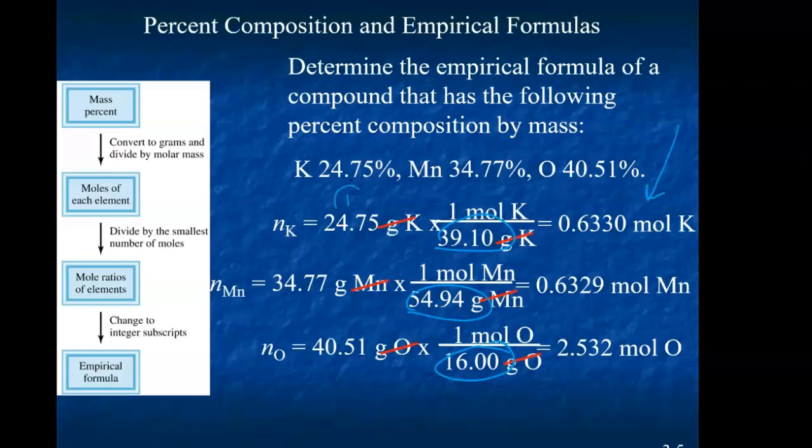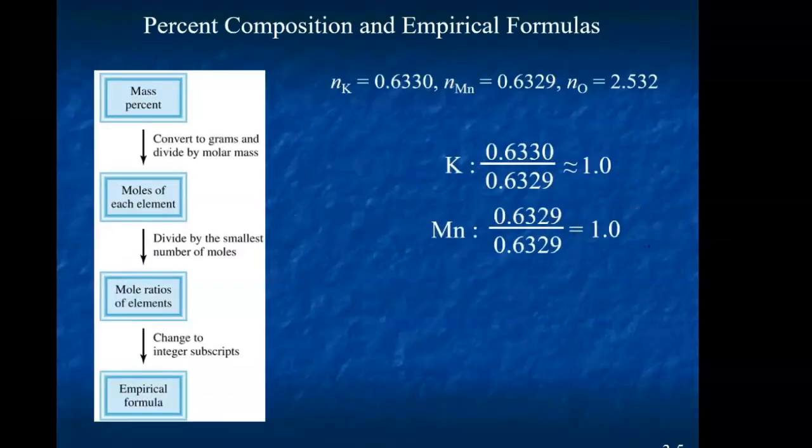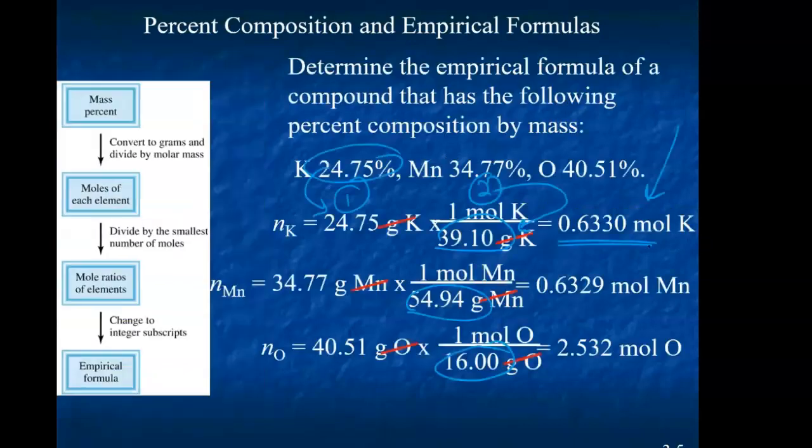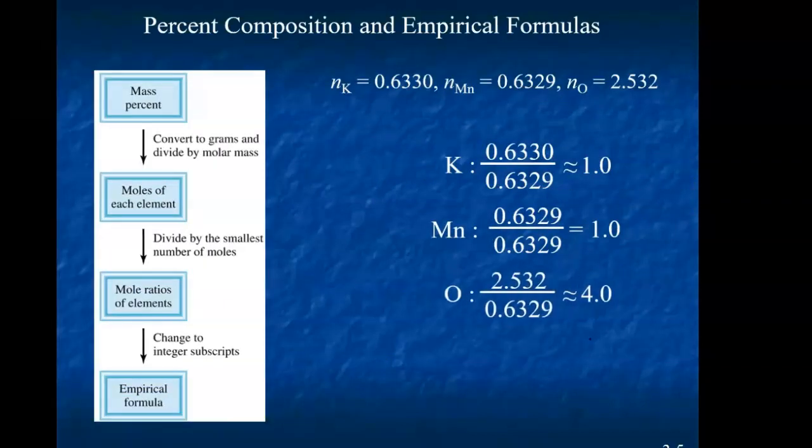Step 3, find our smallest one and divide by our smallest. So let me just go back. This is our smallest number, so we're going to divide all of our numbers by that number. And they all ended up being pretty perfect. And so we have KMnO4.